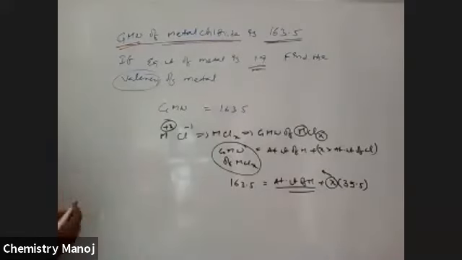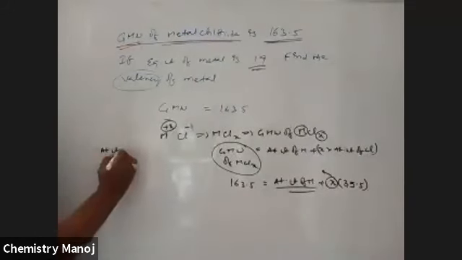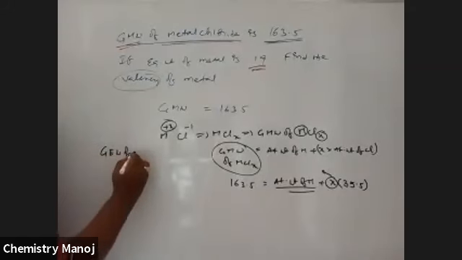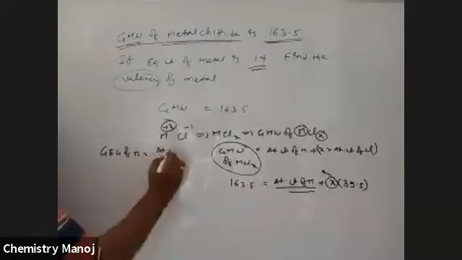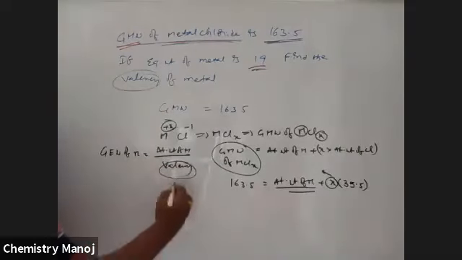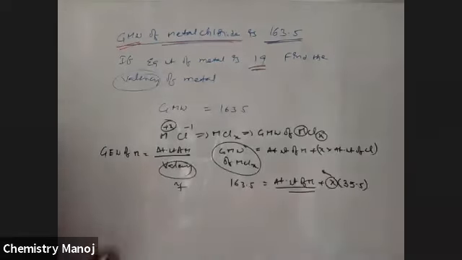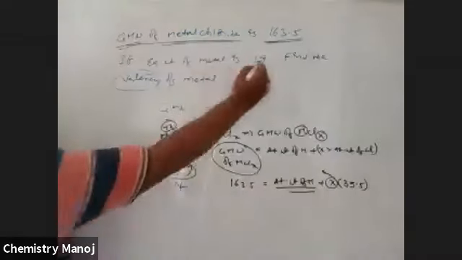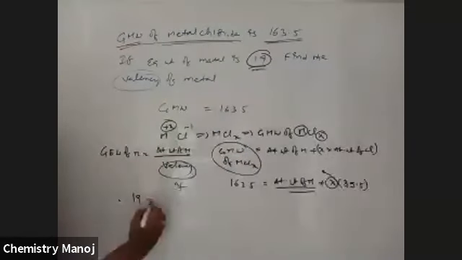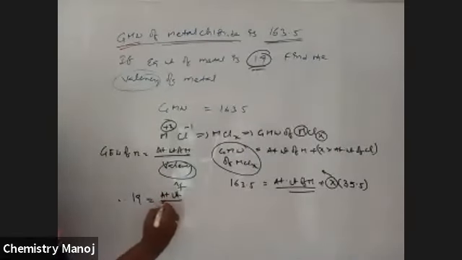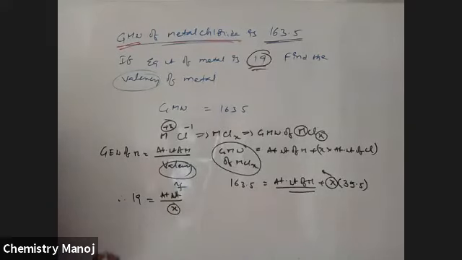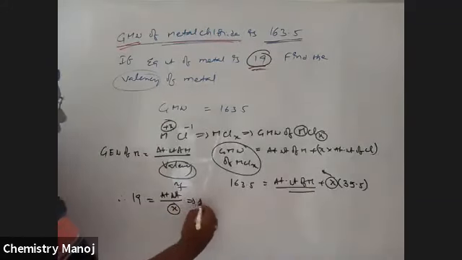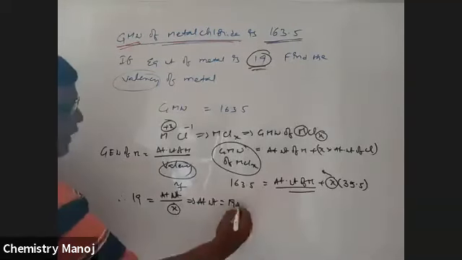Now, gram equivalent weight of metal is equal to atomic weight of metal by valency or n factor. Gram equivalent weight of metal is given as 19. Therefore, 19 is equal to atomic weight by valency of metal. Let it be x, as I already considered. That implies atomic weight is equal to 19 into x.